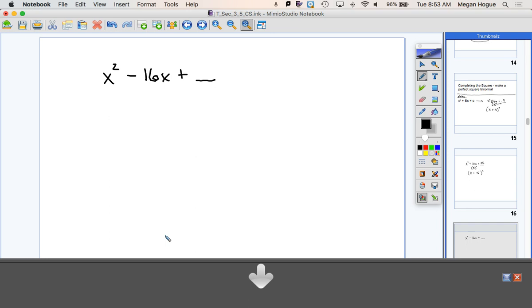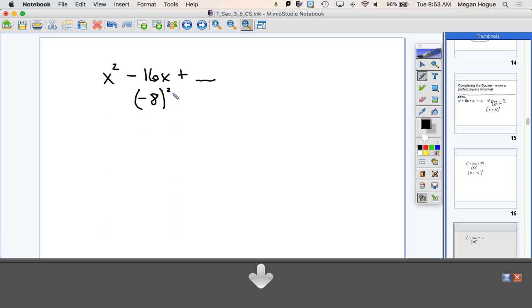This one I've got x squared minus 16x plus blank. What's different about this one than the last two? It's negative. So the only thing that's different is when I take half of it, it's going to be negative 8. What kind of number do I get if I square a negative?